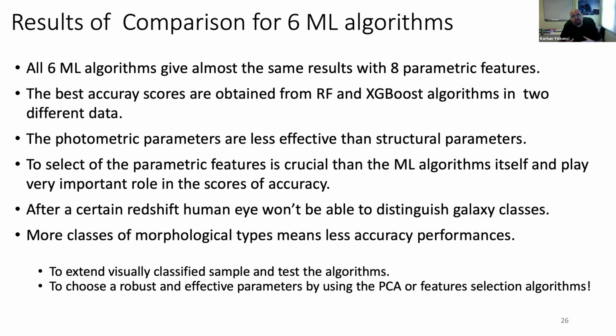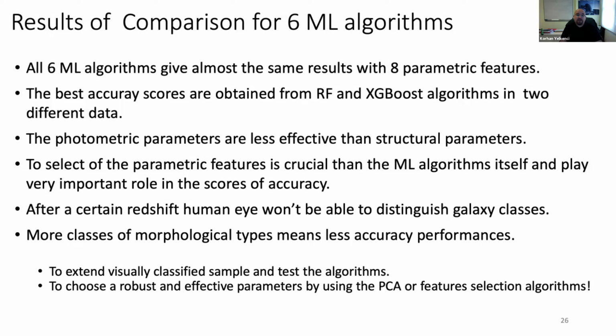So we can compare the 6 ML algorithms, which give almost the same result with 8 parametric features. This is very important. The best accuracy scores were obtained from 2 machine learning algorithms, RF and XGBoost. And photometric parameters are less effective than structural parameters. This is our result.